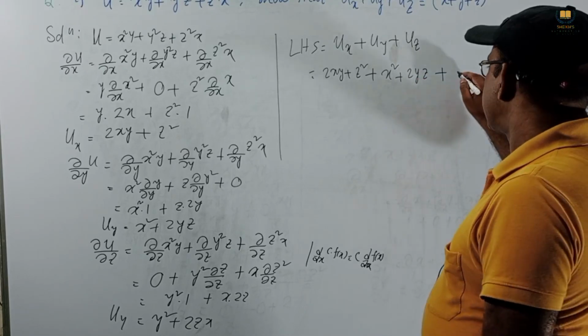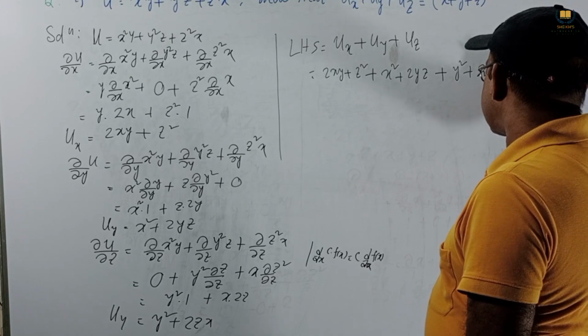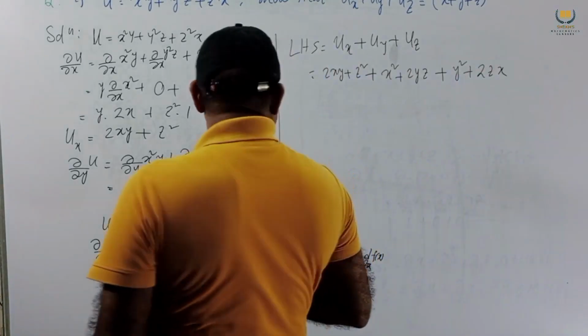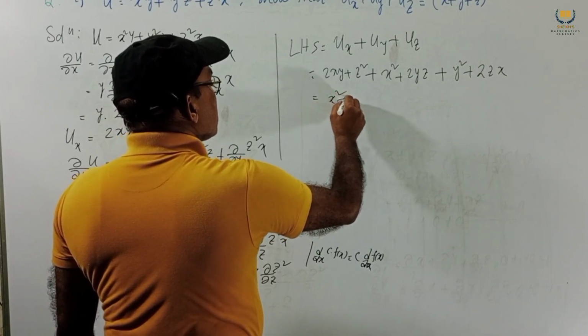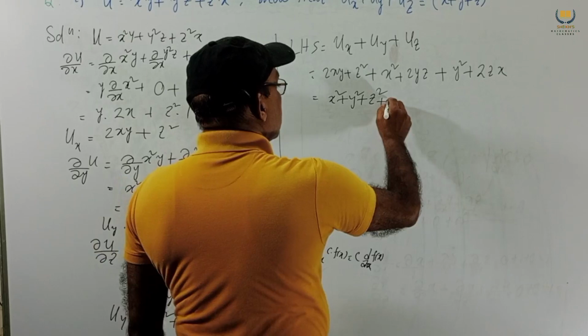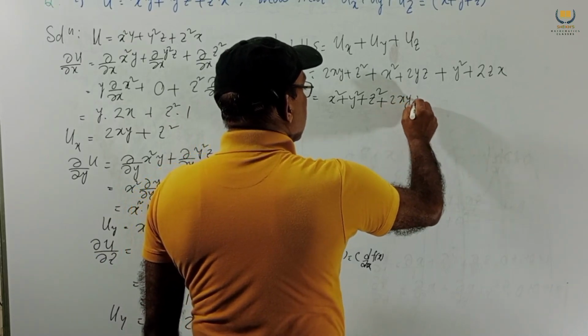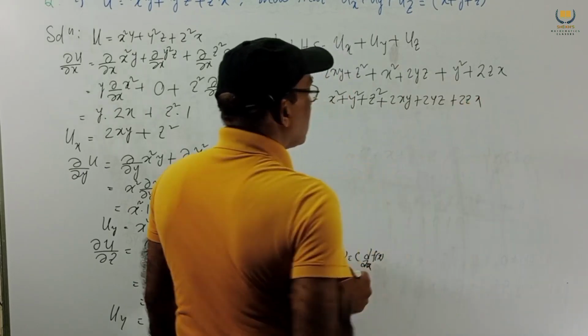Uz means y square plus 2zx. We get this one. And adding, this is x square plus y square plus z square plus 2xy plus 2yz plus 2zx.